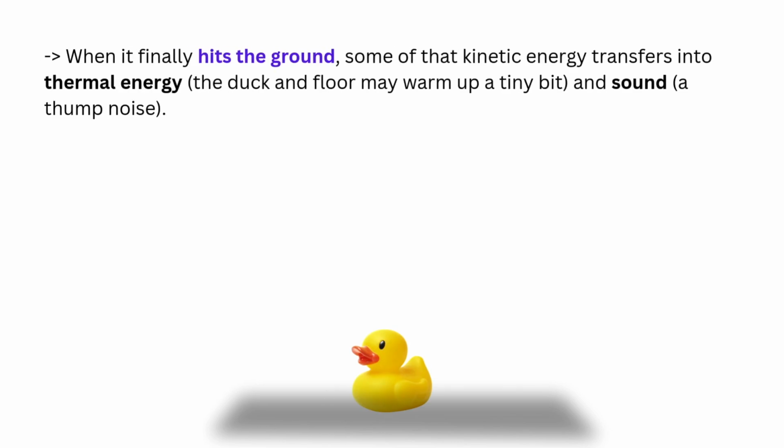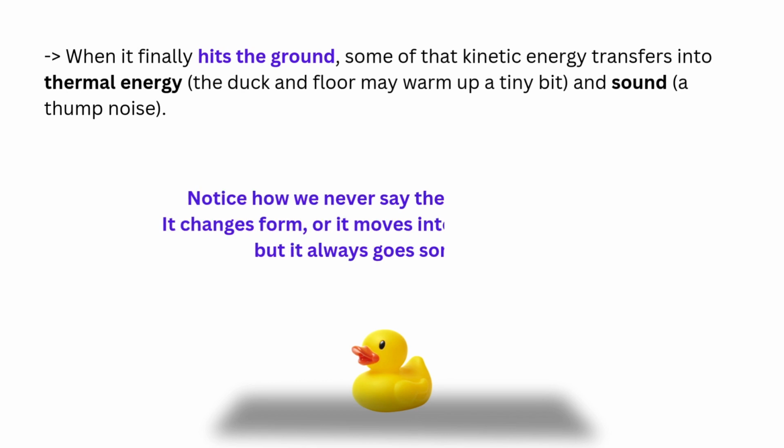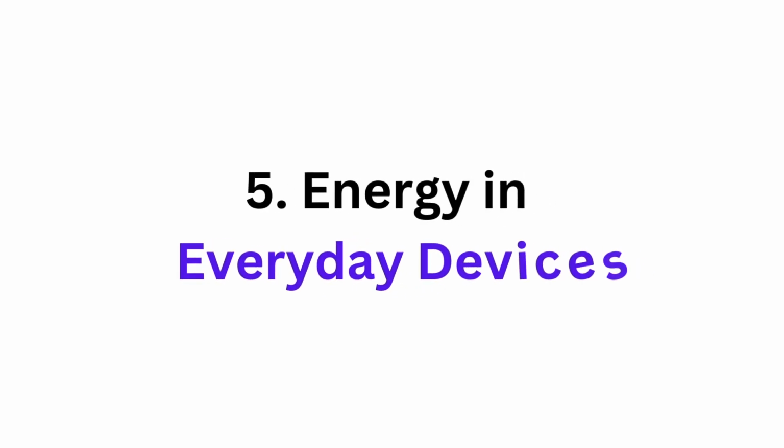When it finally hits the ground, some of that kinetic energy transfers into thermal energy. The duck and floor may warm up a tiny bit, and there's sound, a thump noise. Notice how we never say the energy is lost. It changes form, or it moves into the surroundings, but it always goes somewhere.